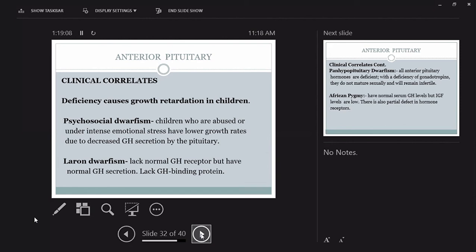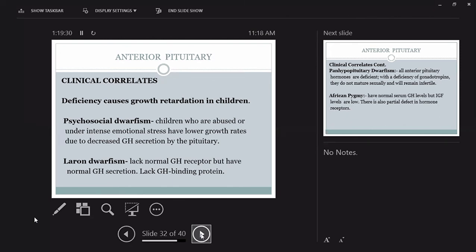He started working at the age of 3 already. And so what happens? Stunted growth because of this.